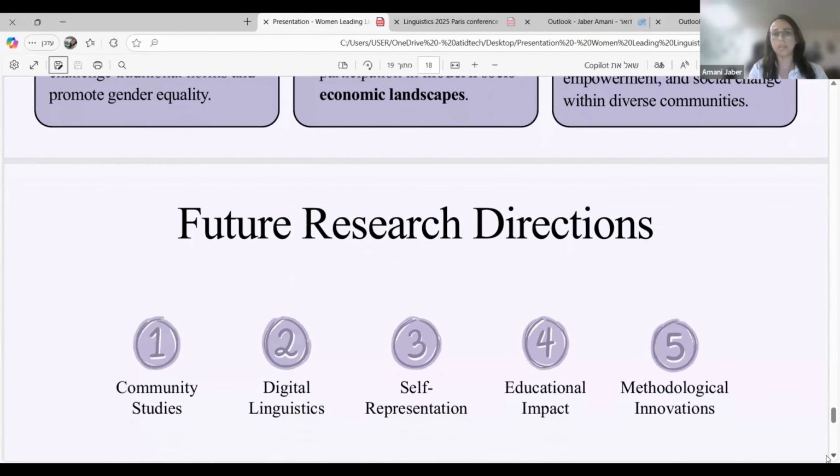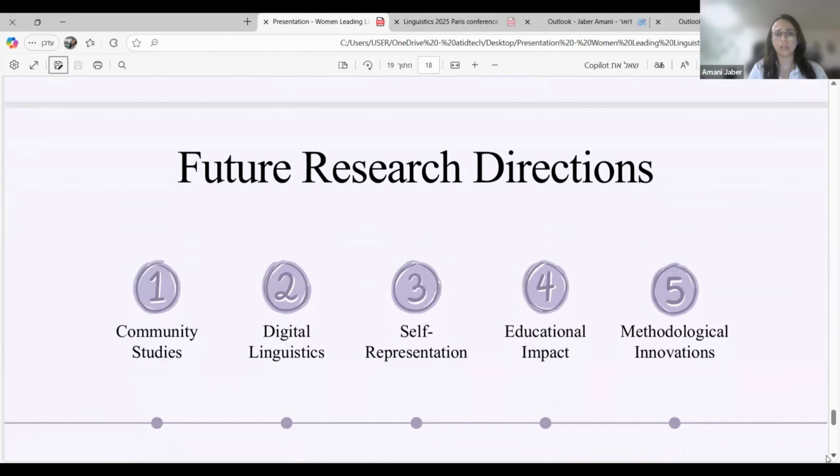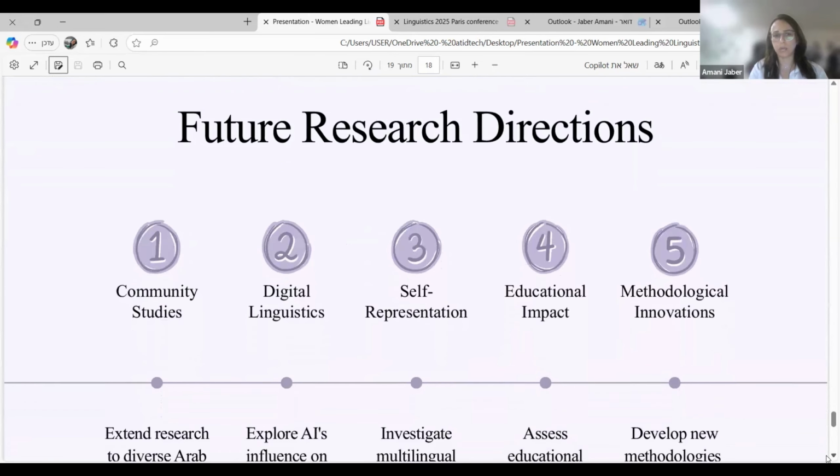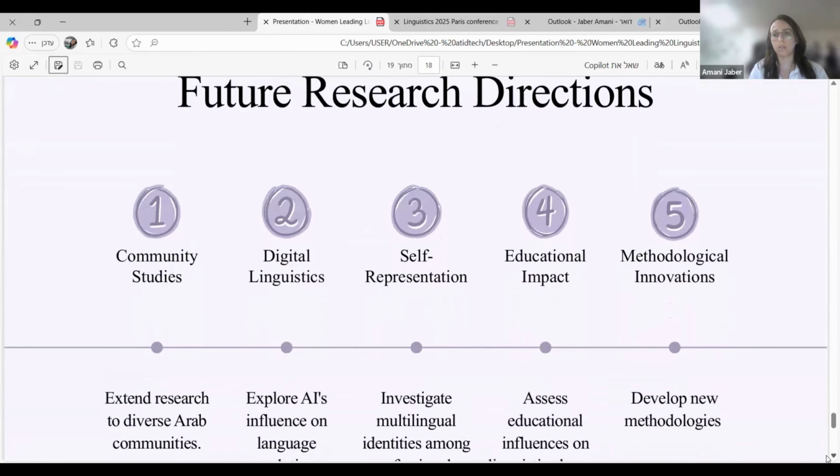And for that sake, I also indicated here the future research directions that I think are worthwhile investigating.